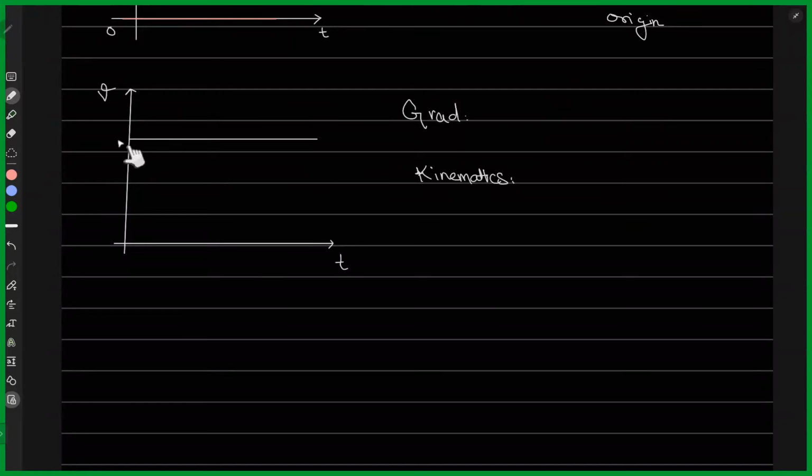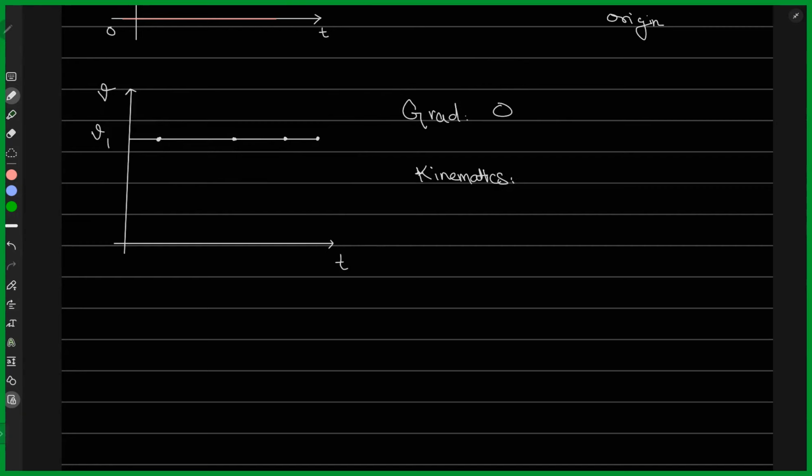Well, the gradient of this line is still 0, because at every instant of time, the value is the same, v1, let's say. So at every time interval, it is the same value. So change in y by change in x, because change in y is 0, the gradient is 0. What about the kinematics?